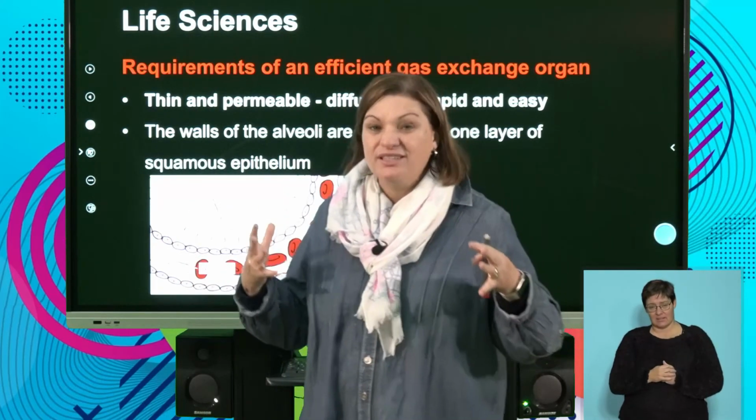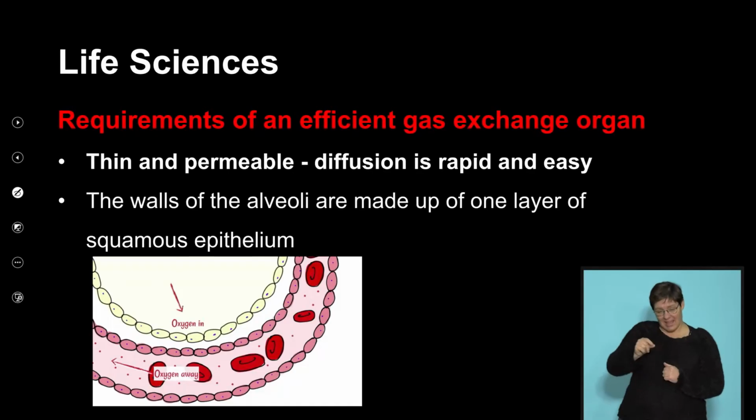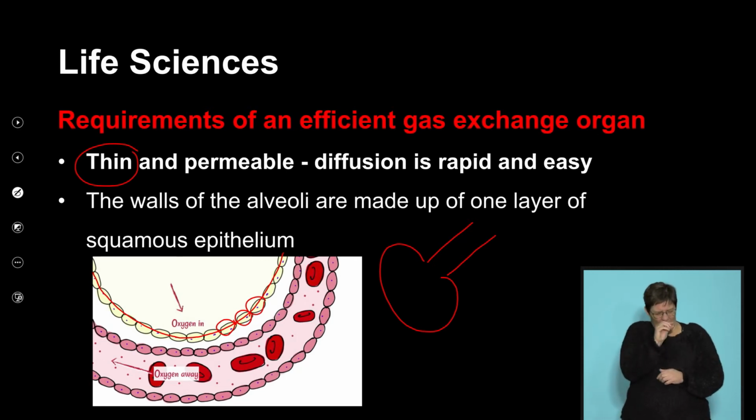So when we look at this thin and permeable layer, the alveoli in the diagram is a really important layer. As you can see, the reason I put this diagram in is that it's only one layer thick, which makes it very thin.